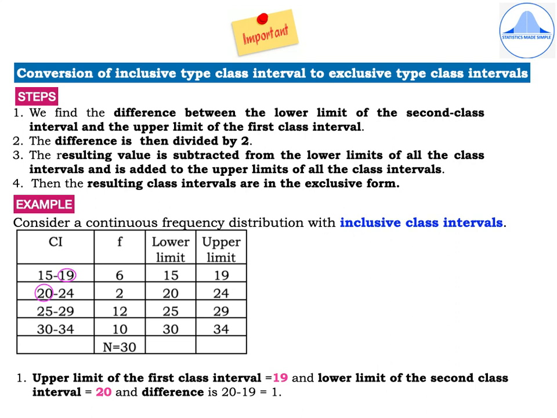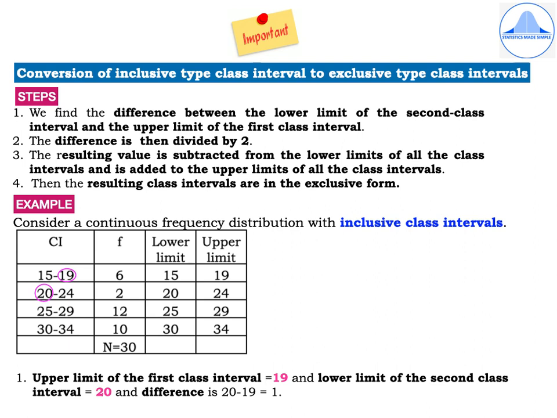Let us now learn through an example how to convert inclusive class intervals to exclusive class intervals. So consider a continuous frequency distribution with inclusive class intervals. In the first column we have class intervals 15 to 19, 20 to 24, 25 to 29, 30 to 34.